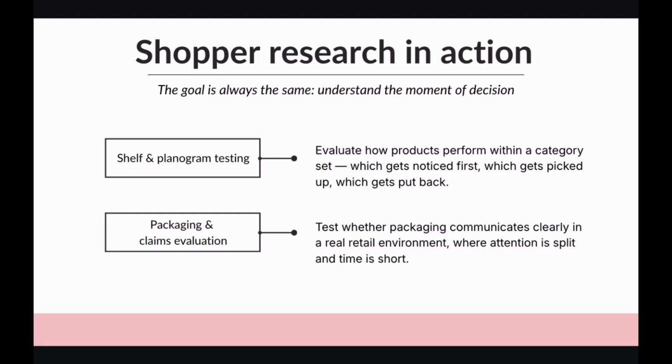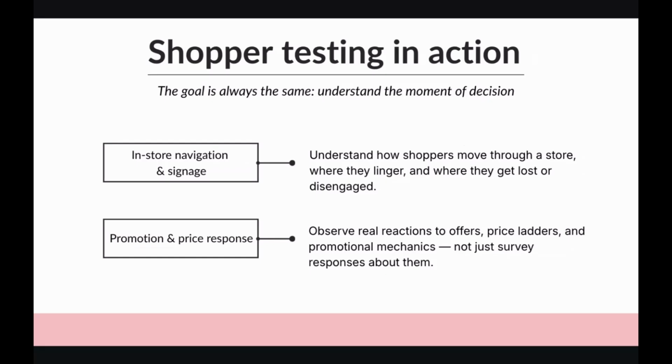Then we also have packaging and claims evaluation. So this would include observing if packaging clearly communicates what it's meant to in real retail environments. In-store navigation and signage. This is where observing consumers navigate stores and what information is helpful, not helpful to them is what you observe in this example.